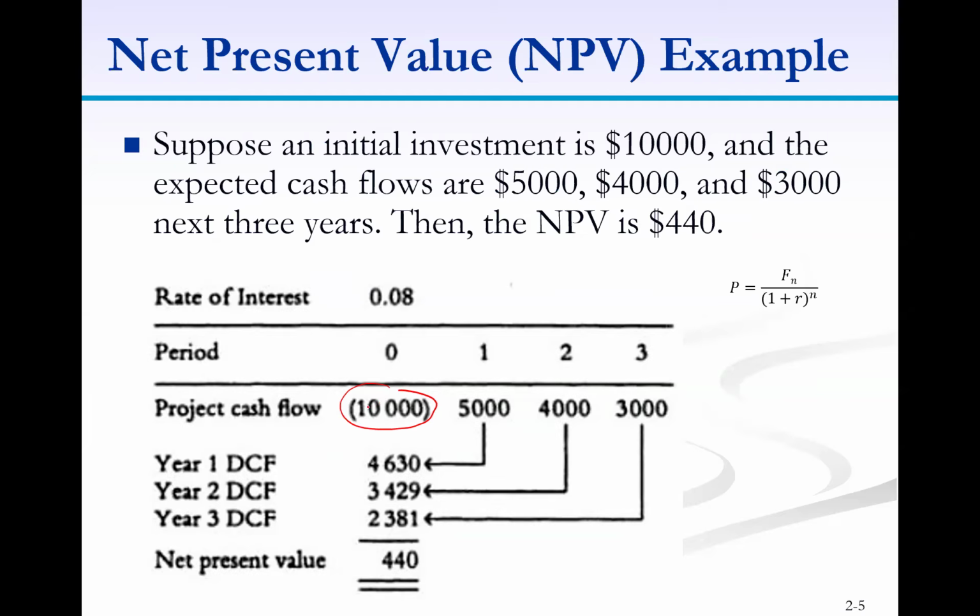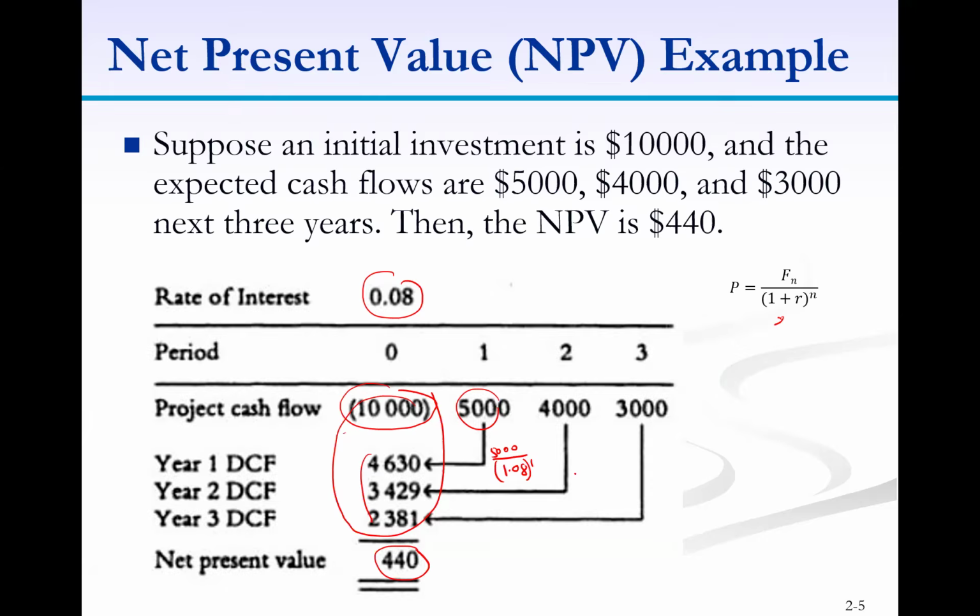So that means minus 10,000, and add all this together. All of them added together is a positive number, 440, which means you are making more than 8%, because the discount rate is 8%. So this number here, 5,000 divided by 1.08, where 1 plus R is 1.08 to the power of 1.